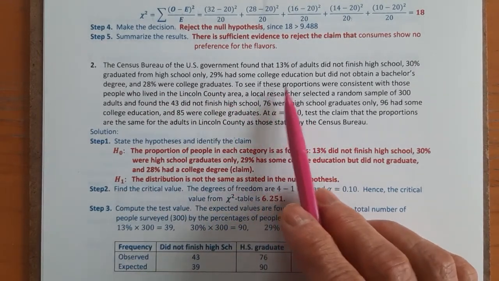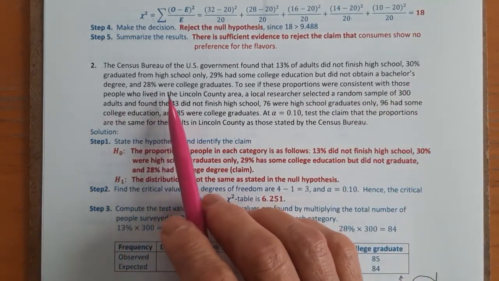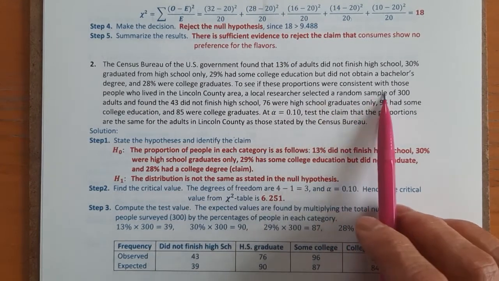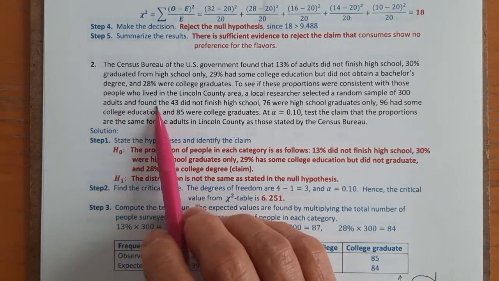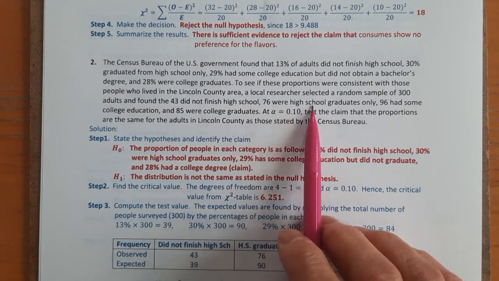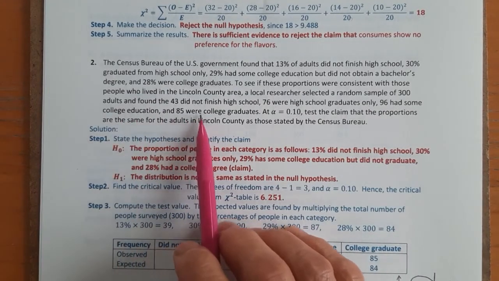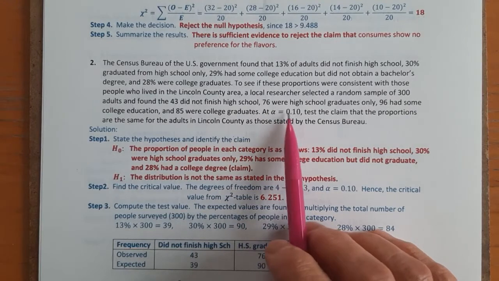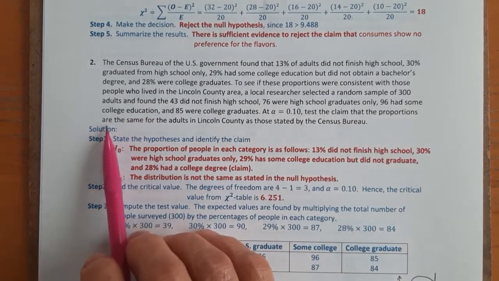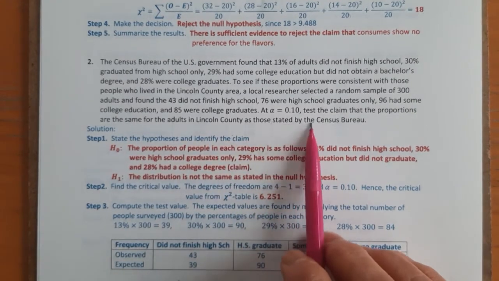To see if these proportions were consistent with those of people who live in the Lincoln County area, a local researcher selected a random sample of 300 adults and found that 43 did not finish high school, 76 were high school graduates only, 96 had some college education, and 85 were college graduates. At alpha 0.10, test the claim that the proportions are the same for the adults in Lincoln County as those stated by the Census Bureau.